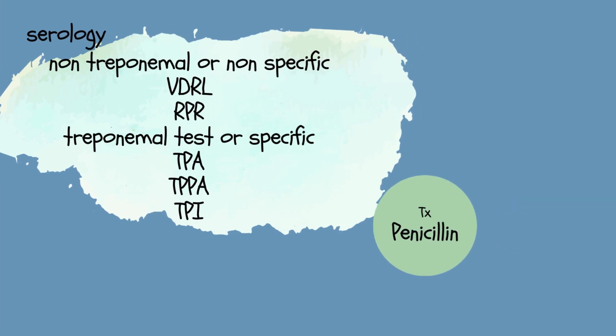The serological tests for syphilis are specific tests and non-specific tests. Non-specific tests are non-treponemal tests like VDRL and RPR, and specific tests are treponemal tests: Treponema pallidum particle agglutination test (TPPA), Treponema pallidum immobilization test, that is TPI, and TPA.